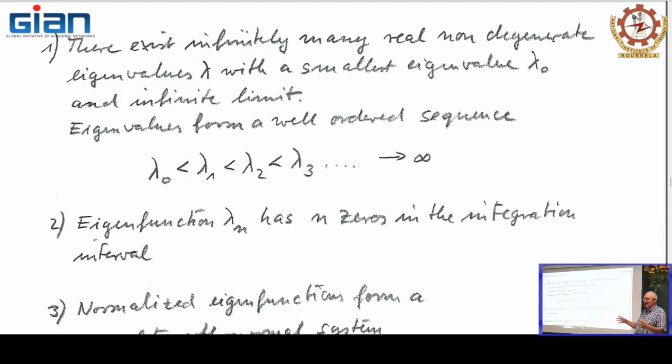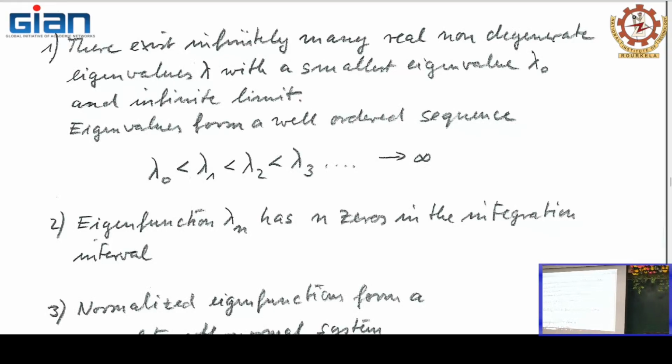So if you see the eigenfunction, then you know the order of the eigenvalue. The opposite is not true. If you see the eigenvalue, you don't know which order it has. But if you see the eigenfunction which belongs to that eigenvalue, then you know its order, the index n, and you can immediately read it off.